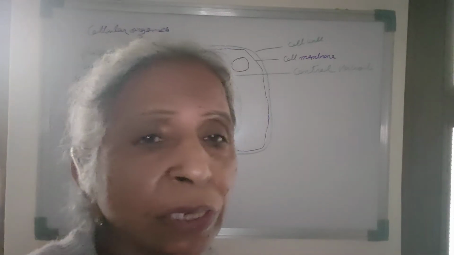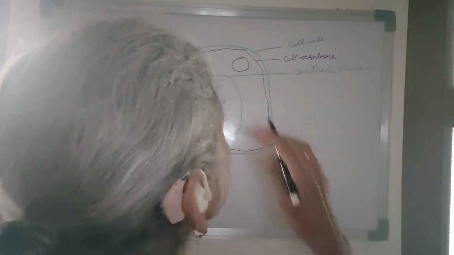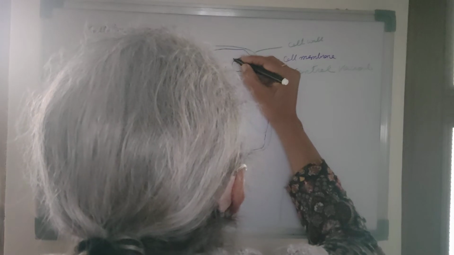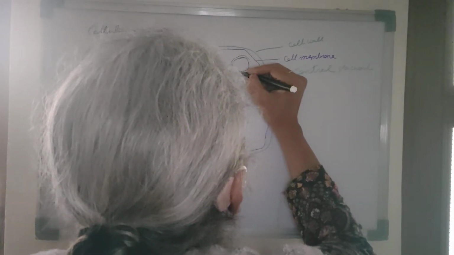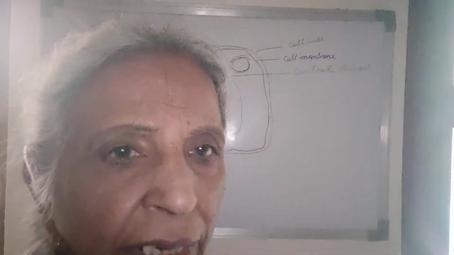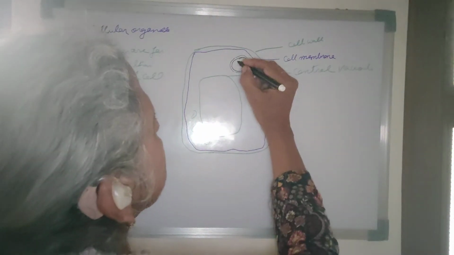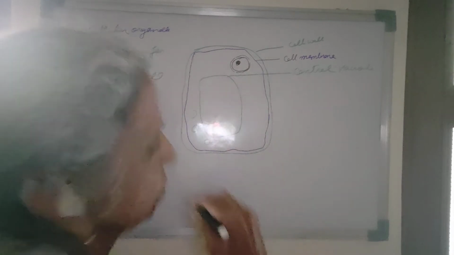The structure of the nucleus is the same as in case of animal cell. Nucleus is covered by nuclear membrane, which is a double membrane, and it is porous. It allows the nuclear material to move inside and outside the nucleus. Inside the nucleus, there is present a dark staining structure which is called the nucleolus.